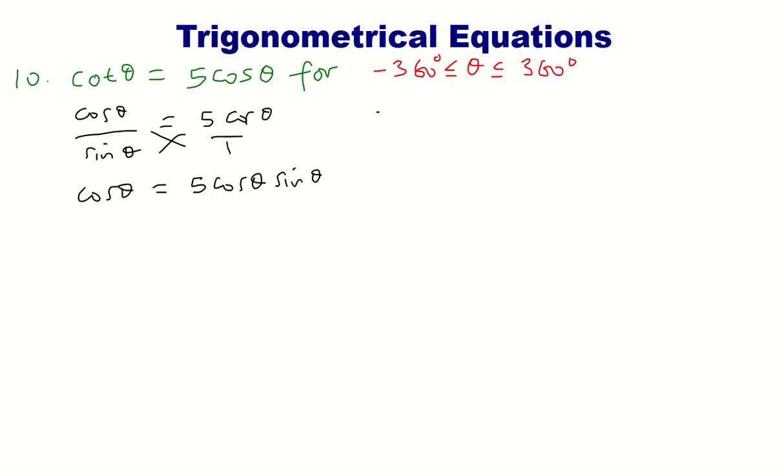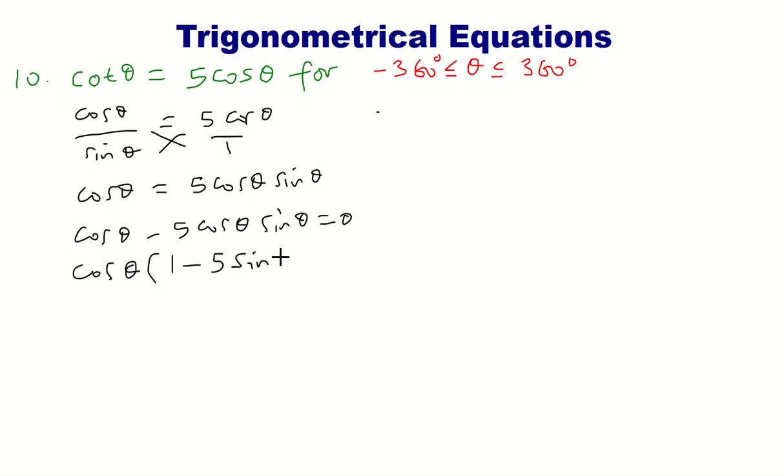If we take this on the left hand side, we have cos theta minus 5 cos theta sin theta equaling 0. There is a common factor, which is cos theta. When we factor it out, we remain with 1 minus 5 sin theta. This is equal to 0.